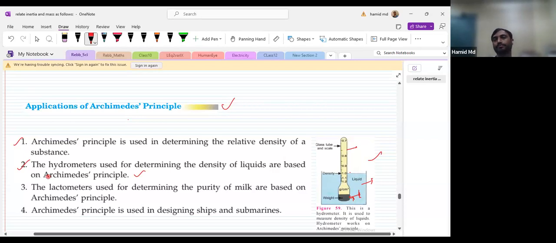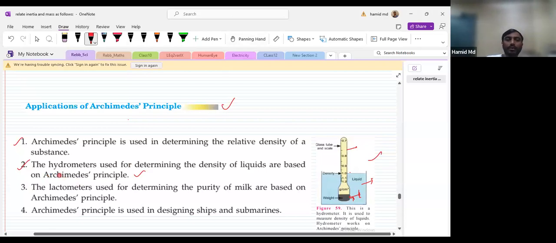Tell me, what could be the reason? Because seawater has a higher density than freshwater. Yeah.